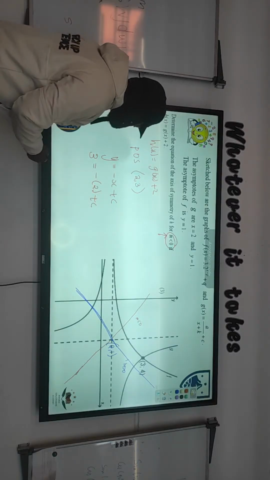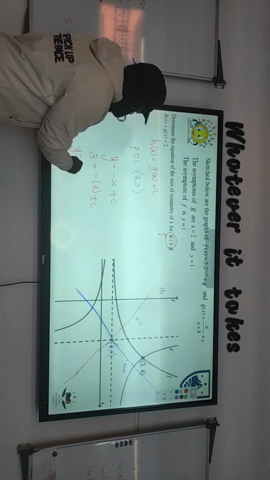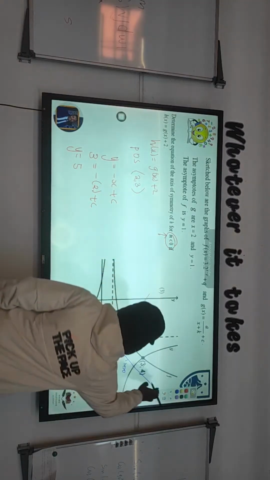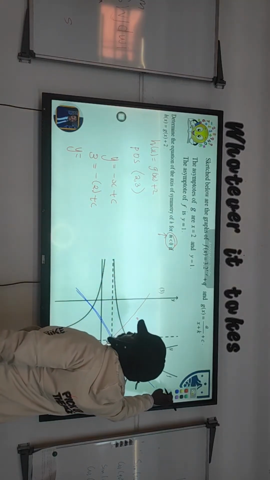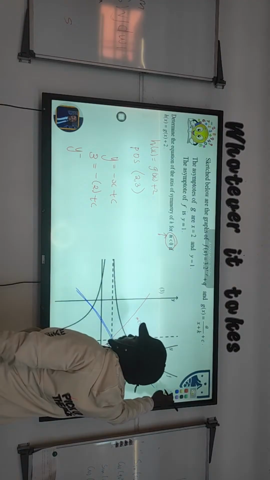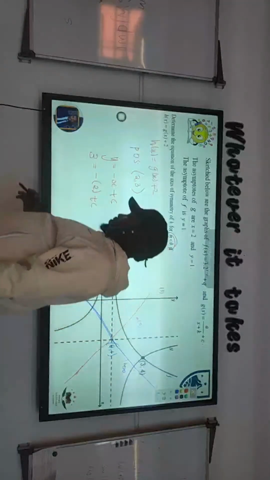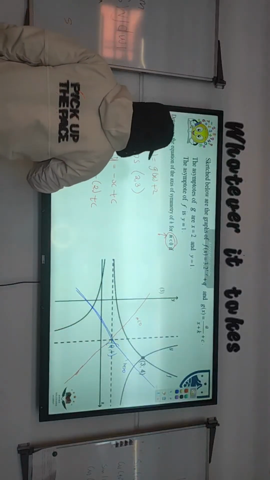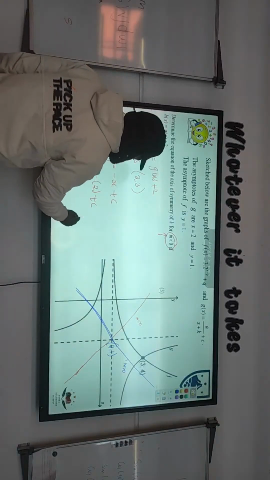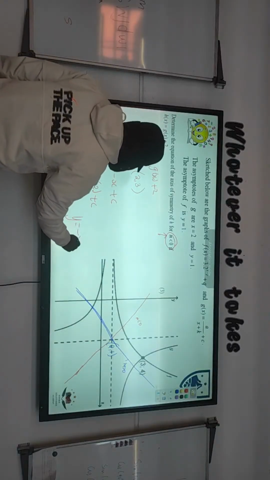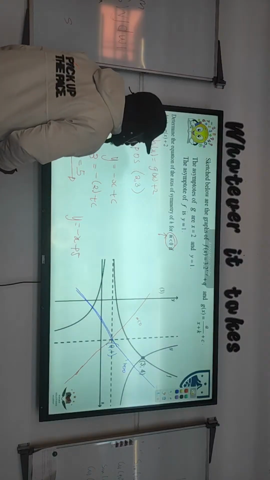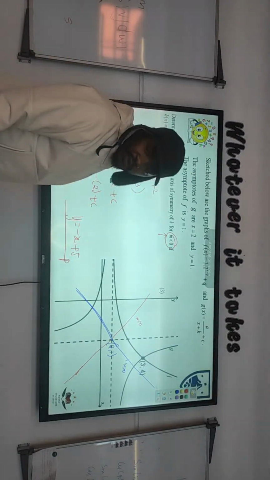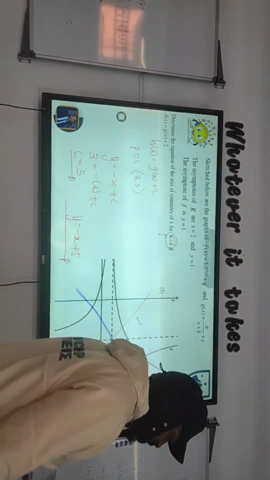This will come this side, so my c will simply be 5. So y will be negative x plus 5. That's your equation for the axis of symmetry.